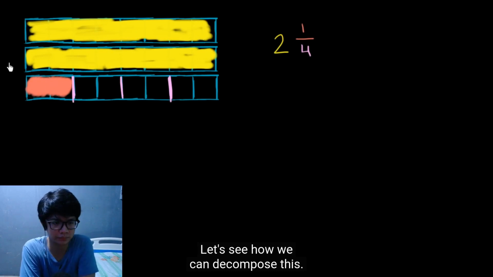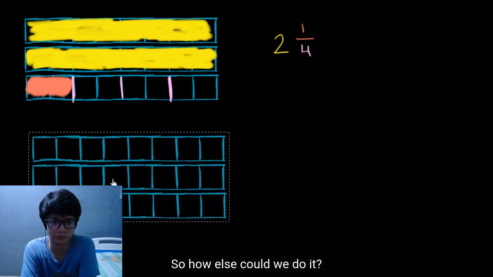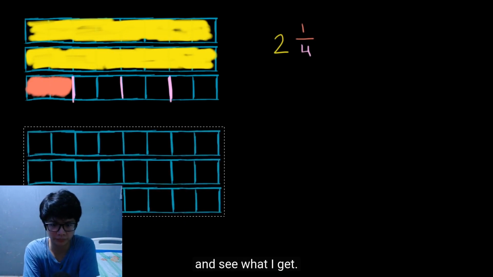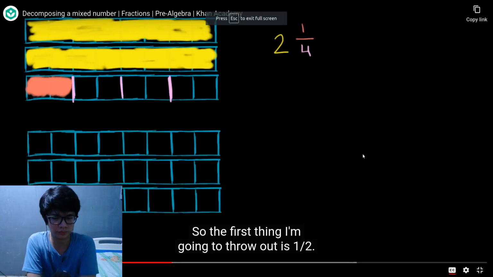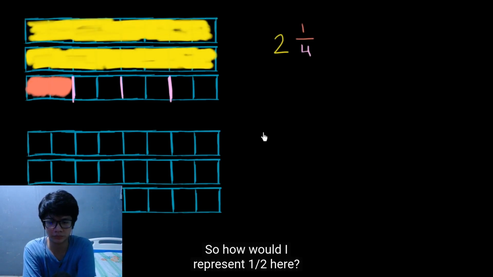Let's see how we can decompose this. So let's get our grids back. So how else could we do it? I'm just going to throw a bunch of fractions up there and see what I get. So the first thing I'm going to throw out is 1/2. So how would I represent 1/2 here?